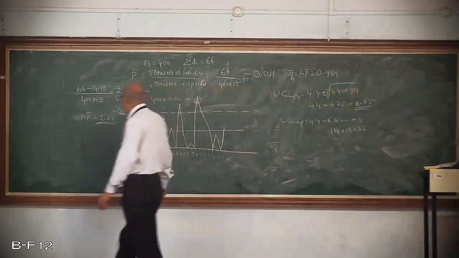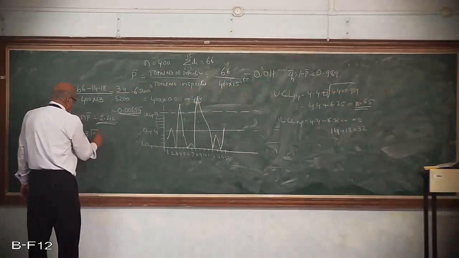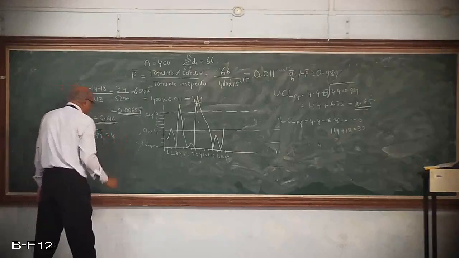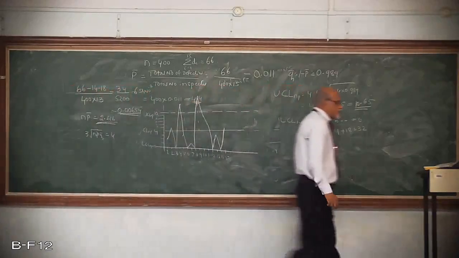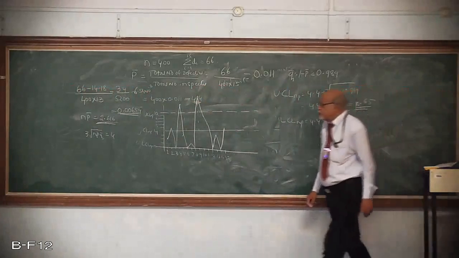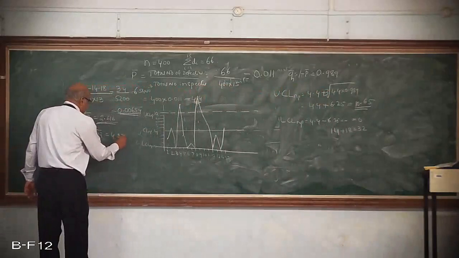And 3 under root NPQ, for this changed value, works out to be 4.826.